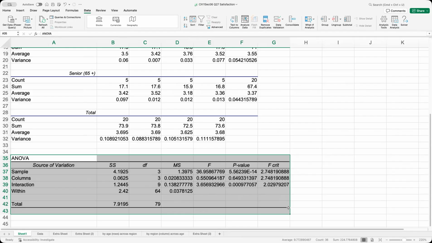Okay. How do I know what matters and what doesn't? Do we have alpha? Yes, alpha is 0.05 again. So I can check the p-values against alpha. And if the p-value is, what do I do?